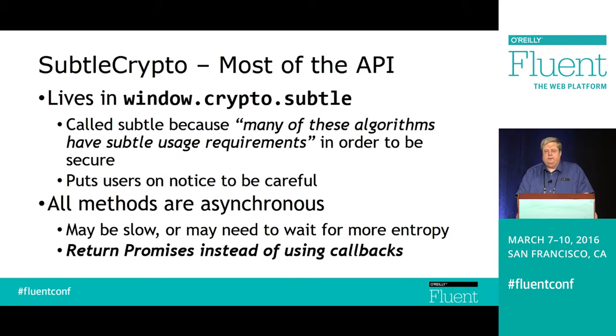And in fact, that is how the spec was written in the early days before it reached candidate recommendation level. But they decided instead to use promises, which turns out to make it much easier to write a lot of these operations. This is the first situation where I really used promises, with the crypto API, but it helps a lot. And if you're not too familiar with it, don't worry, we'll show you enough to operate with it.